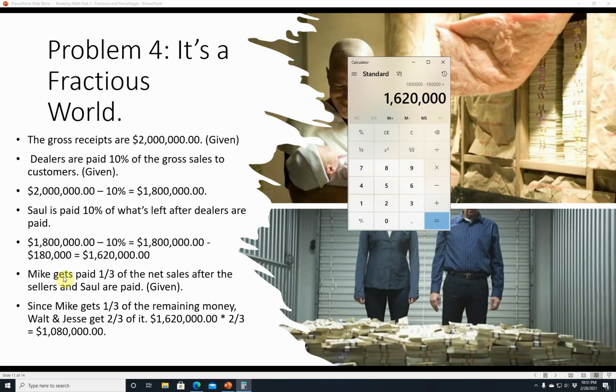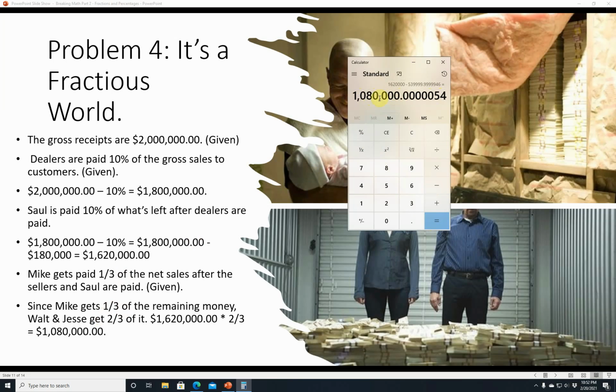So then, Mike is paid 1/3 of the net sales after the sellers and Saul are paid. So we can do that. We can go minus 33.33333333%. So then Walt and Jesse get 2/3, which is $1,080,000.000054.